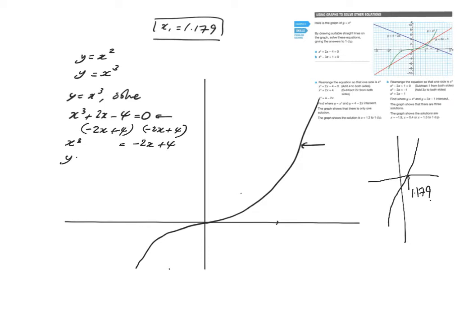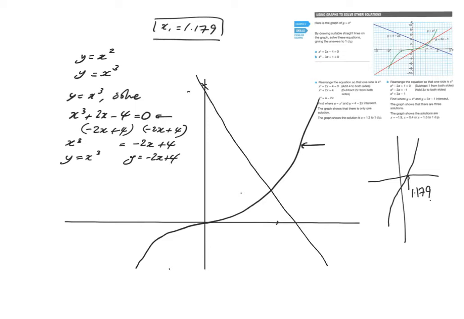So I've got the graph of y equals x cubed, and now I need the graph of y equals negative 2x plus 4, which looks something like, I don't know, maybe there.